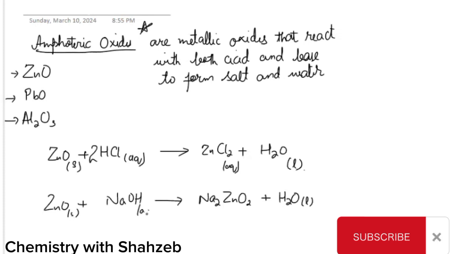This is in aqueous form, and this produces sodium zincate, which is a salt in aqueous form, and water. So we can see amphoteric oxides react with both acids and bases, and form salt and water.